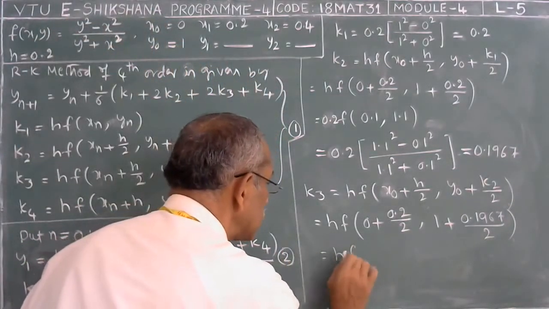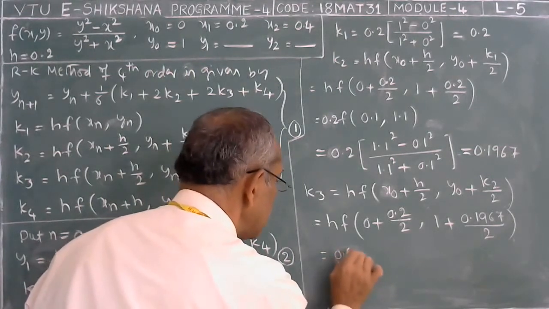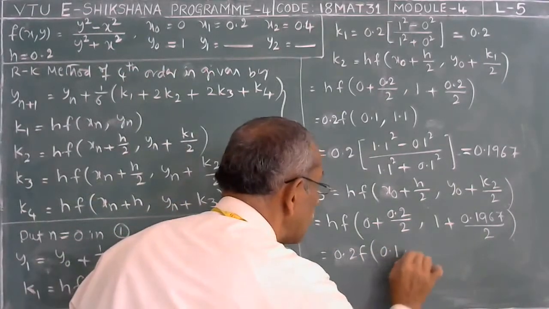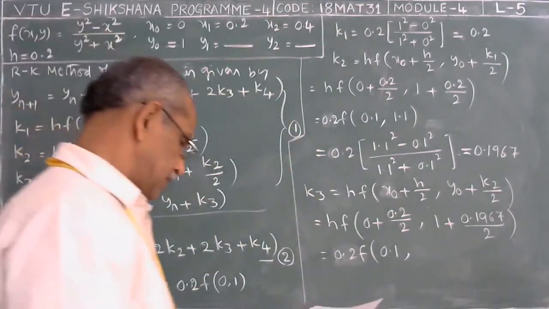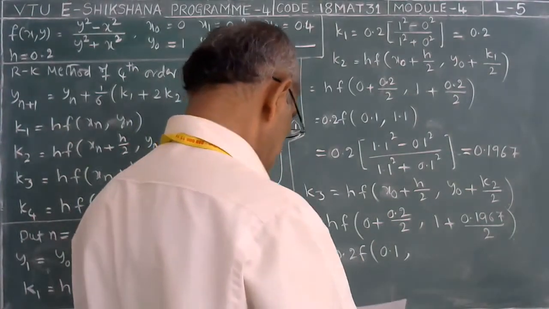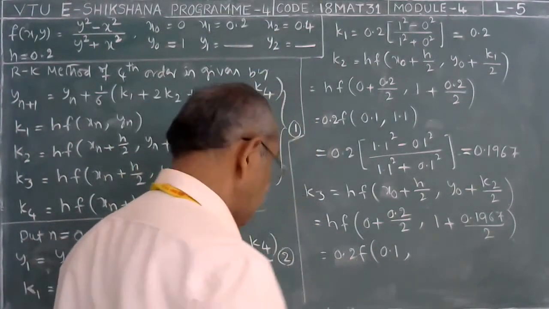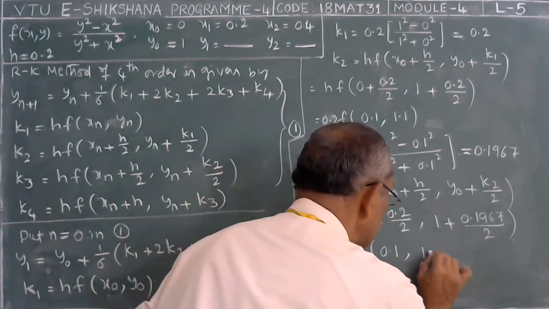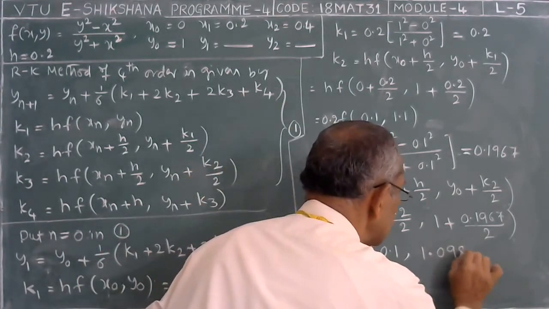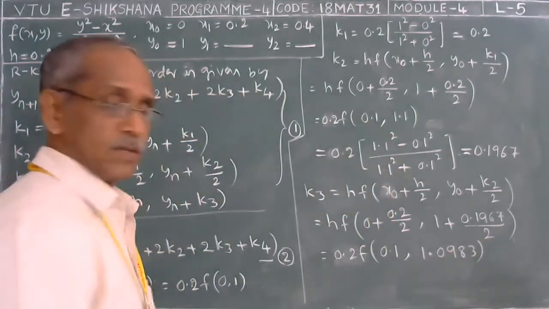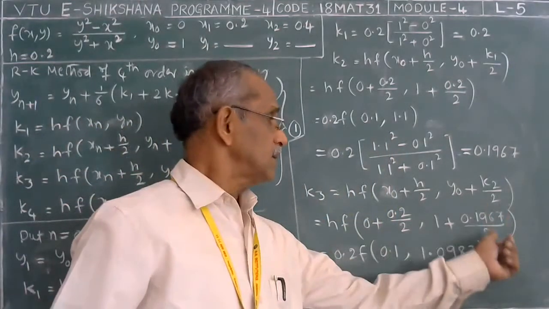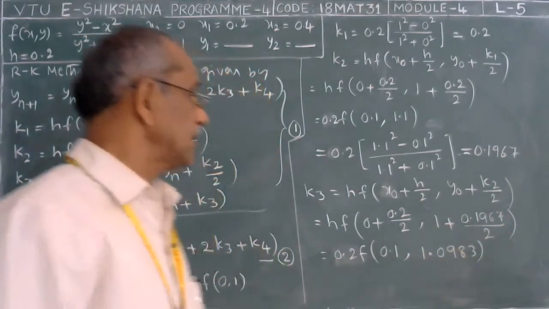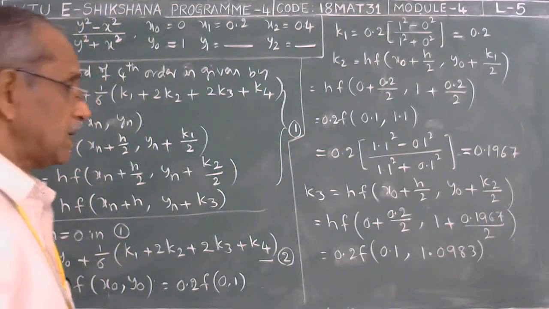So h is 0.2, into f of 0.1, comma, 1.0983. You simplify this: divide 0.1967 by 2 and add to 1, you get 1.0983.